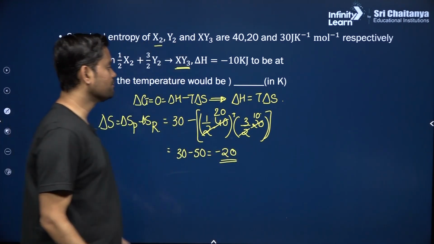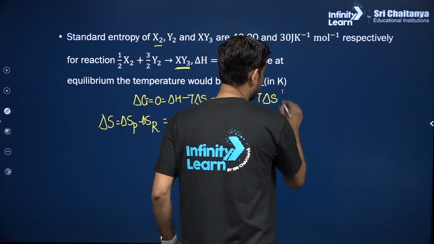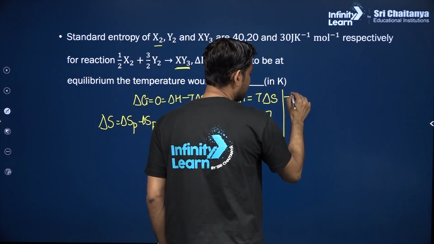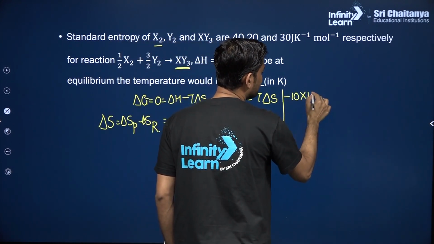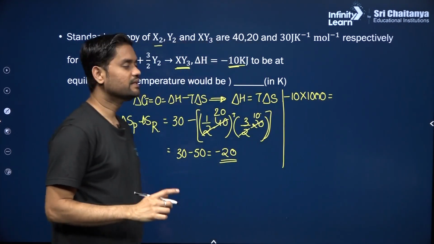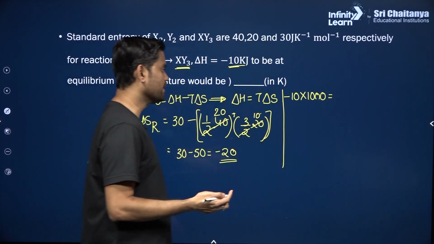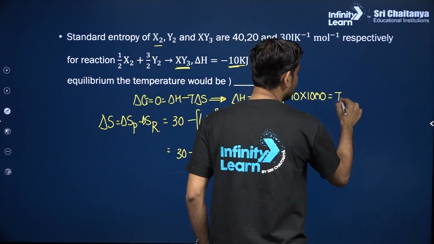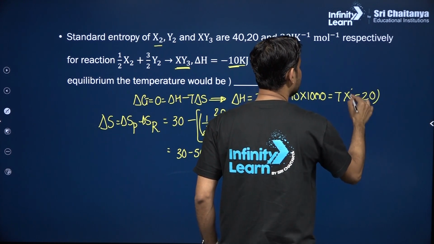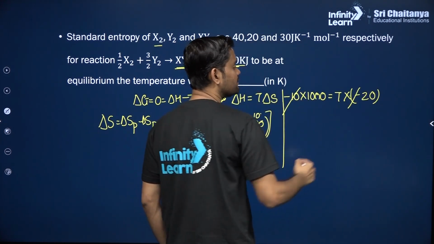Clear? So let us solve this. Delta H, if I take the delta H value, it is minus 10 kilojoules, so it is minus 10 into 1000. T we don't know, but delta S is minus 20. So this minus and this minus will get cancelled.